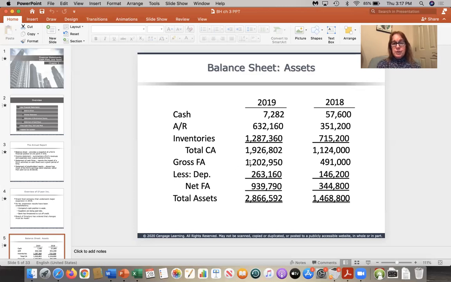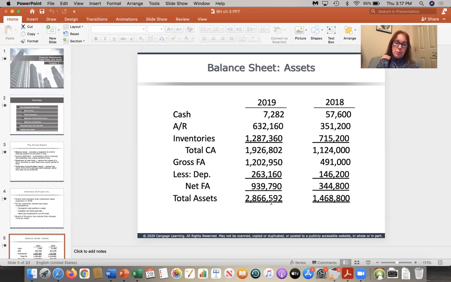But fixed assets would be factories, so plant and equipment. Sometimes you see land, as I said, separated out. Those would be examples of fixed assets. Assets that the company is going to have for longer than 1 year. And in this particular balance sheet, they've subtracted out the depreciation and given us the net fixed assets. So here we have the total assets.